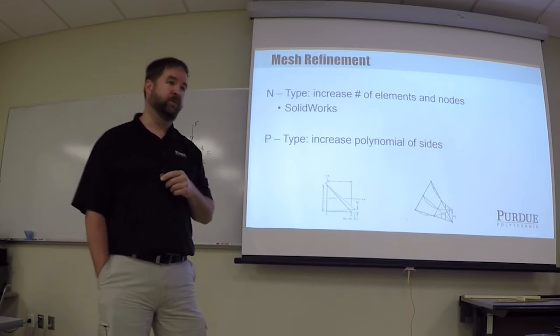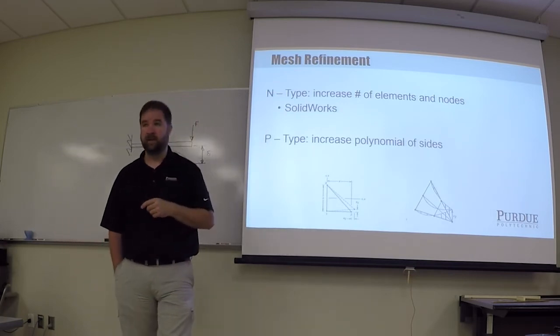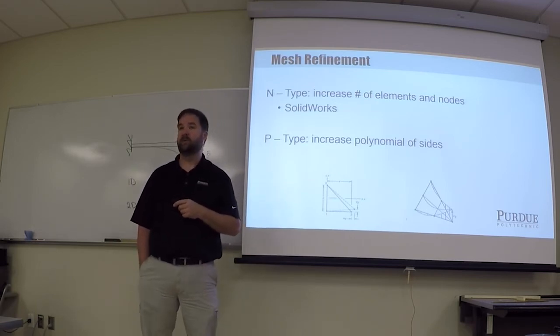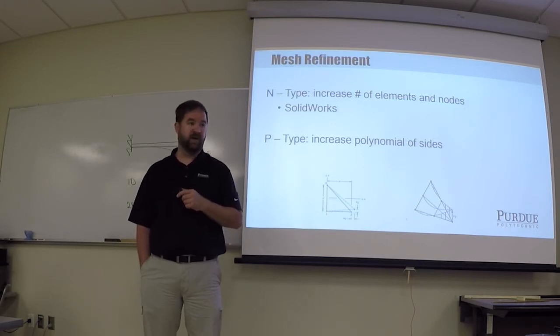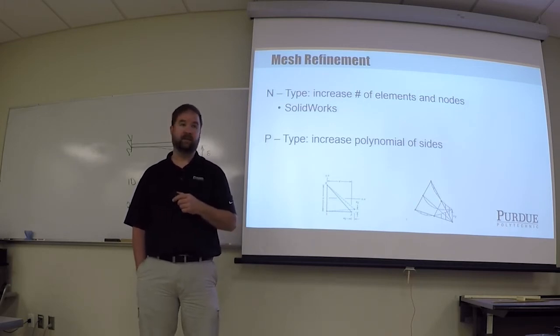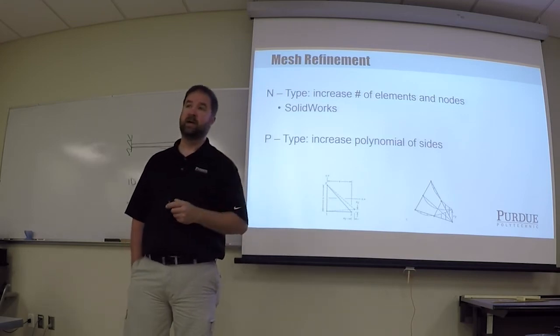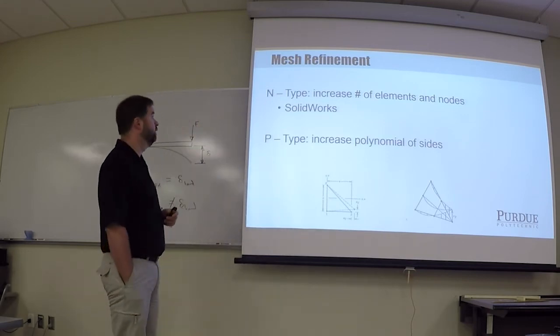With that type of refinement, obviously, if I do an infinite number of nodes and elements, I should get a perfectly exact result. Obviously, an infinite number of calculations is never going to happen in a finite period of time, so I can't ever get there, but increasing the numbers until I get a good enough answer is desired.